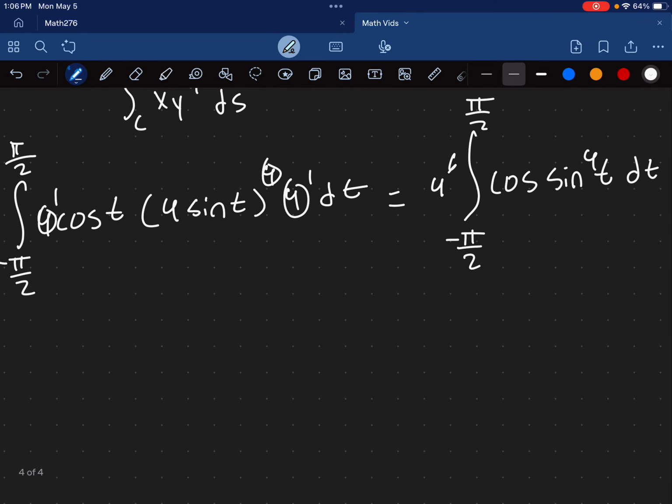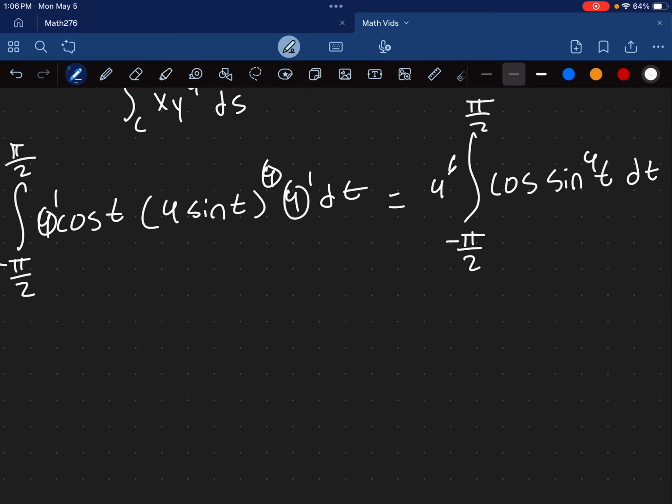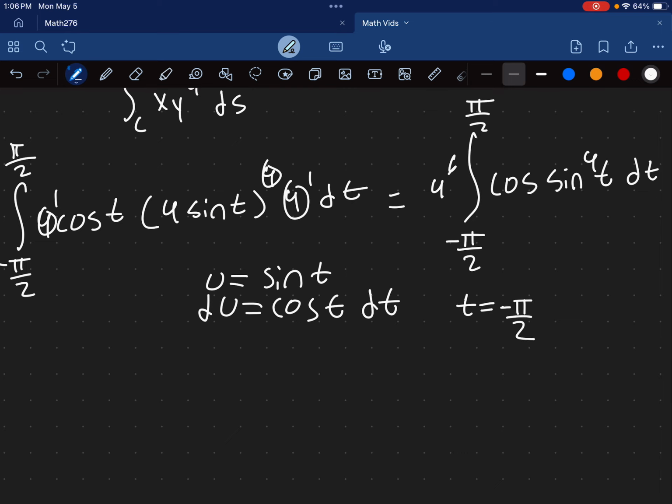So this becomes a u sub problem. Here, I'll just go ahead and do it over here. Let u be equal to sine t. That way du is equal to cosine t dt. And you can either go ahead and plug back in u, or what I like to do is, when t equals negative pi over 2, what does our u equal?